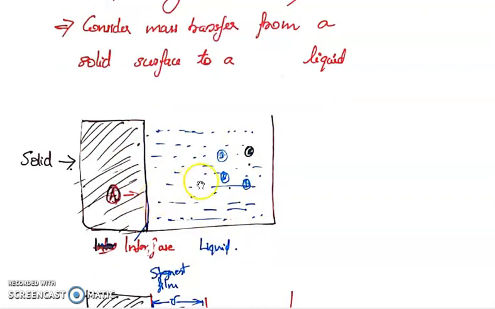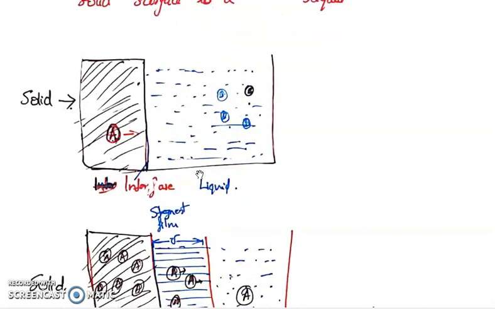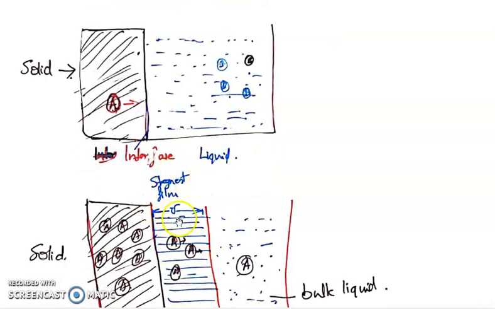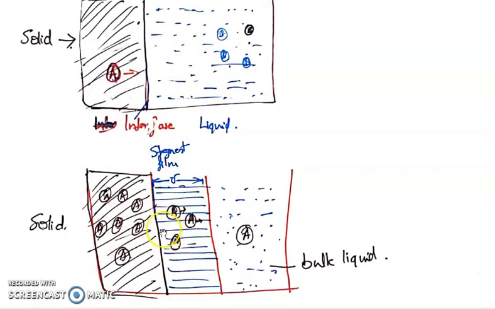As you know, the molecules of B which is present in liquid phase is free to move initially because this is in liquid phase. So the molecules are free to move throughout this liquid phase. But since we have a solid adjacent to the liquid, after some time a stagnant film of liquid will be formed near the solid.